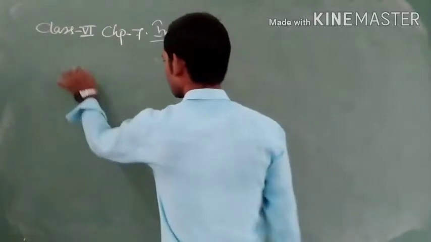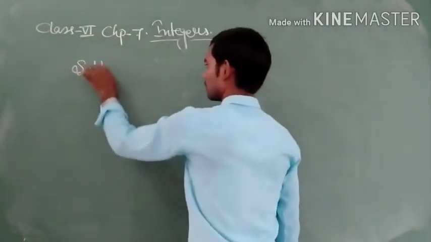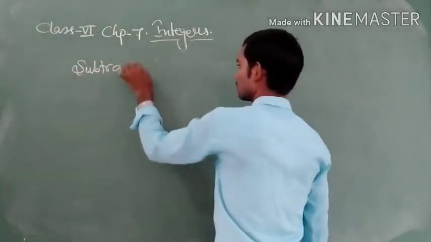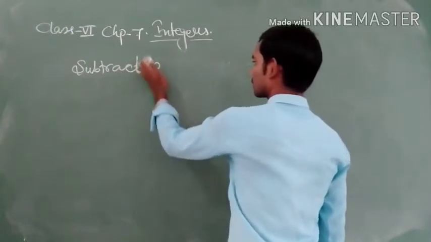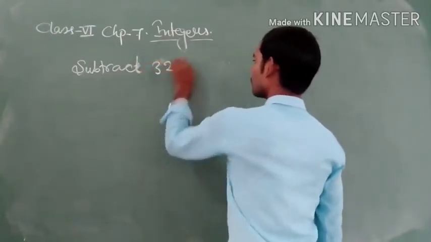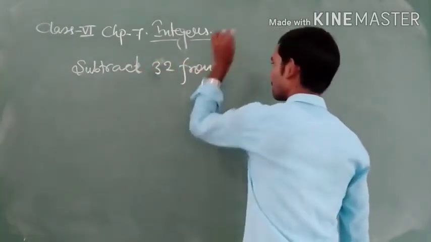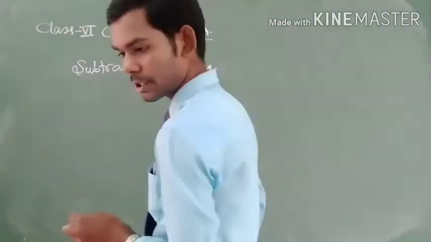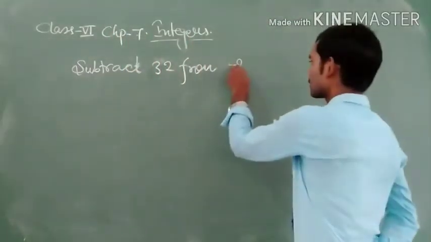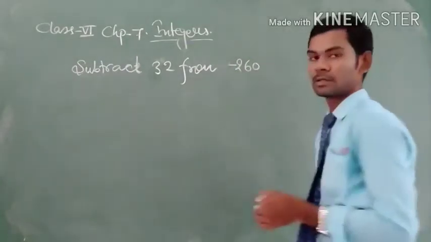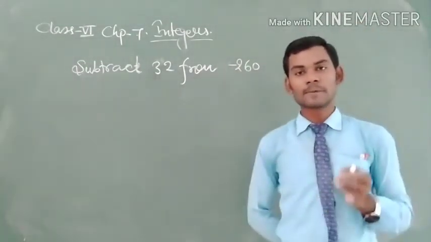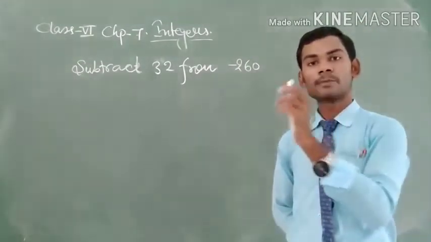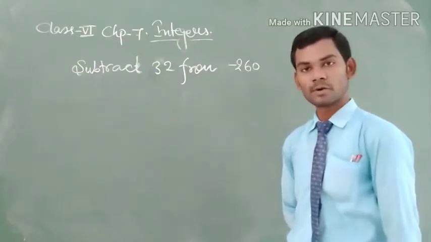Subtract 32 from minus 260. Here we have to subtract 32 from minus 260.